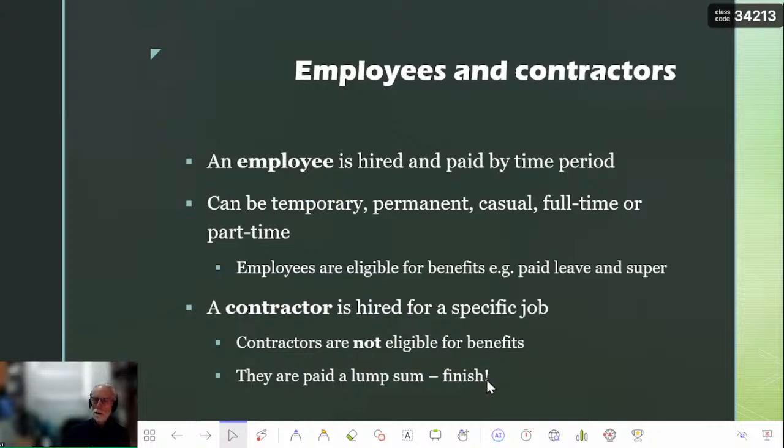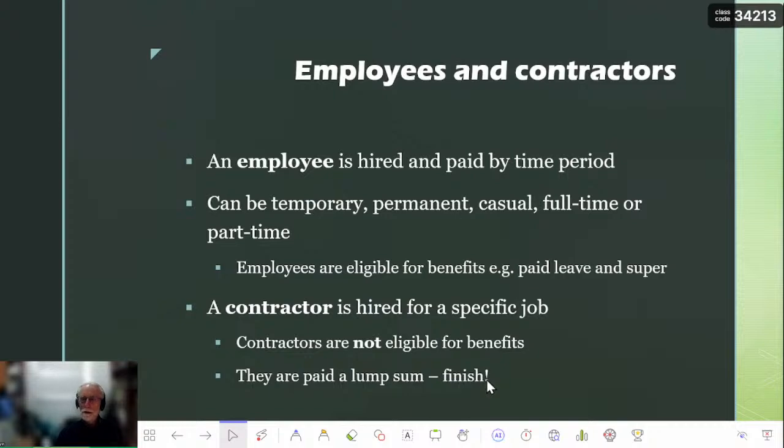So they don't get paid leave, they don't get holidays, they don't get super, they're just paid once, a lump sum. Usually you might say, okay, I'll pay you 50% now or 60% now, and then when you finish the job, when I see that the job's been done satisfactorily, I pay you the rest. Now you can also pay contractors for farm work.